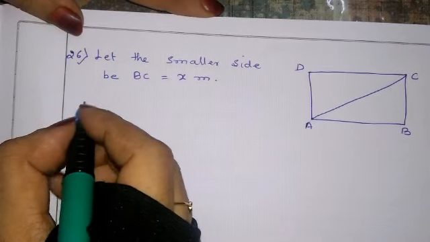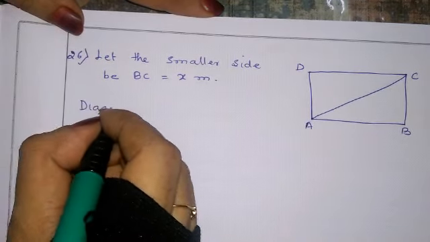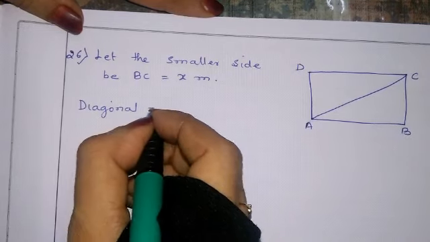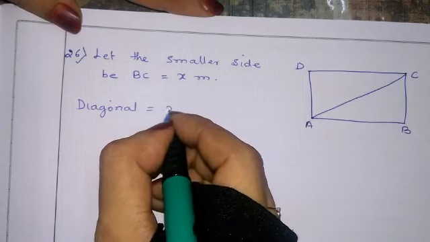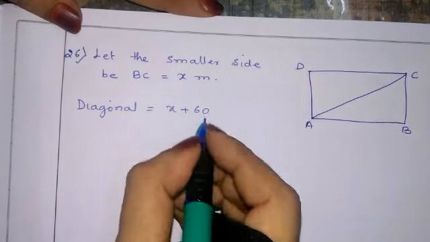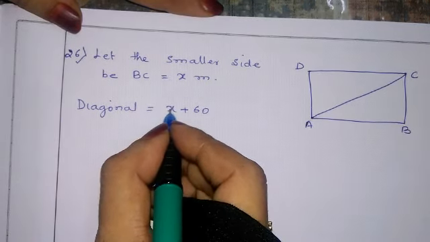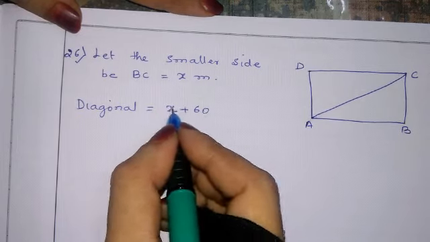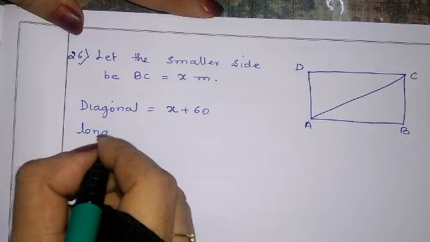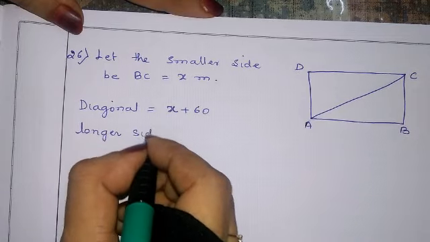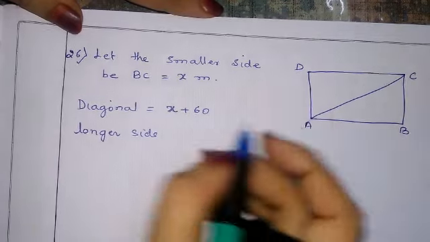Then the diagonal will be what? They have told in the question, the diagonal is 60 meters more than the smaller side. So x plus 60, 60 meters more than the smaller side. So the diagonal will be x plus 60, and the longer side is nothing but AB.